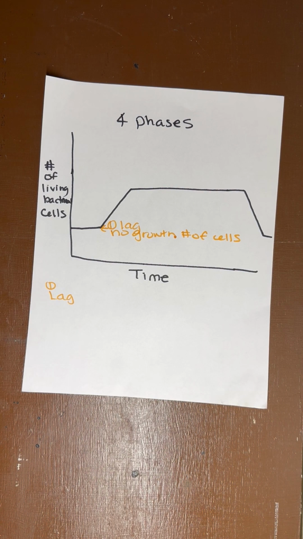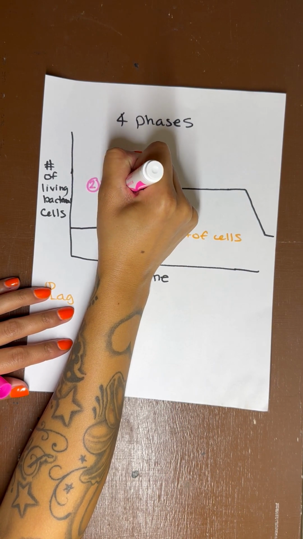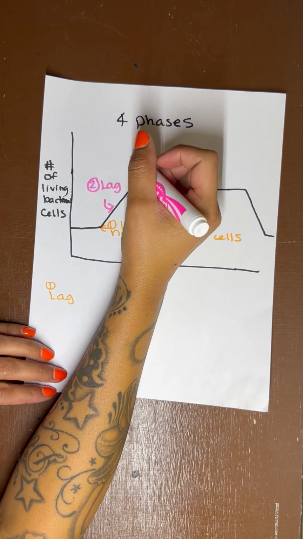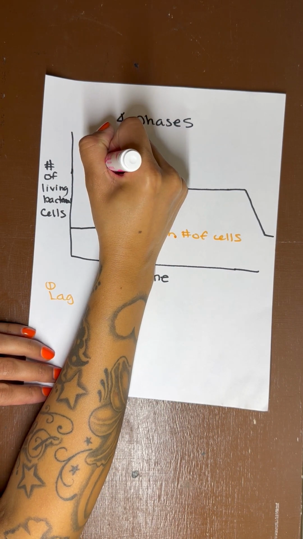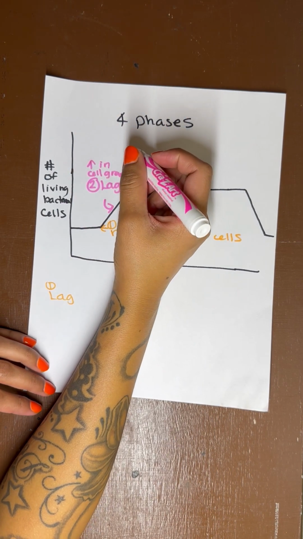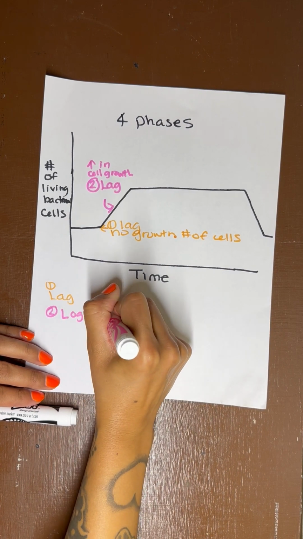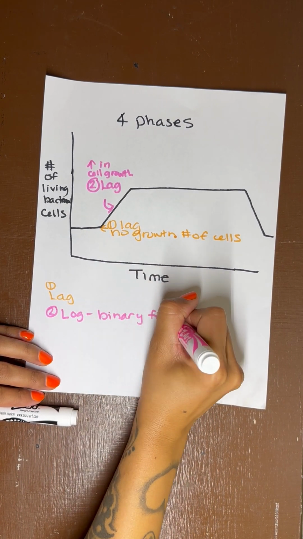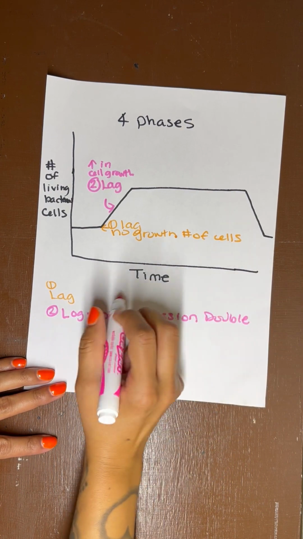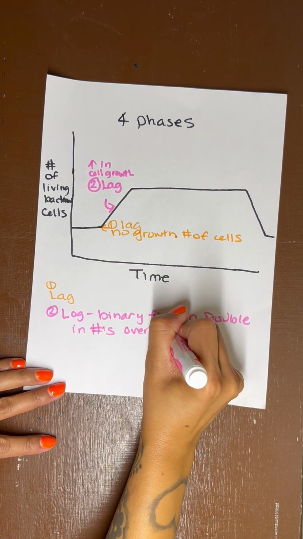The second phase is the log phase. And here we see an increase in cell growth, which grow by binary fission, and they double in numbers over 20 minutes.